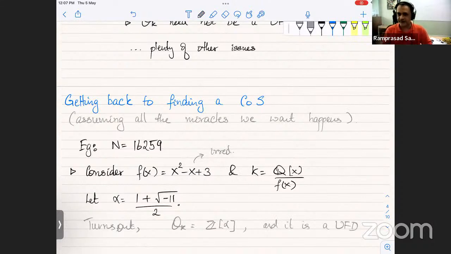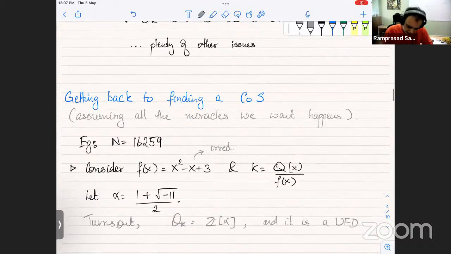It happens to be a unique factorization domain. And units, there are only two units, which is plus or minus 1. So all the technicalities that I was talking about for a general situation, none of them happen here. It's a very clean sort of system.